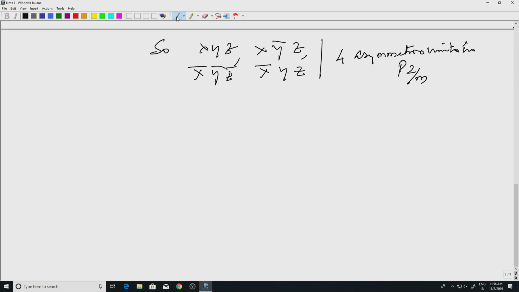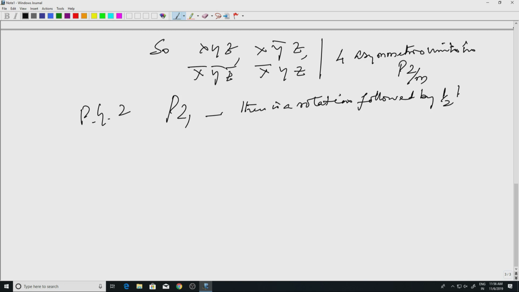Now we will go to P21. Point group is again 2. Here there is a rotation followed by a translation of half, generating a 2-1 screw along the B axis.